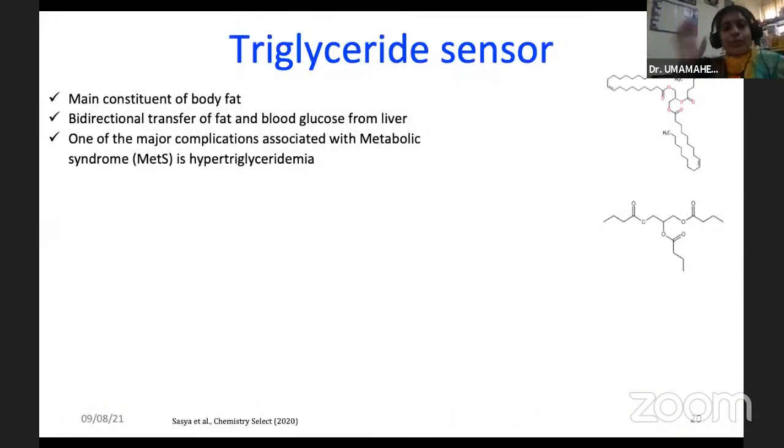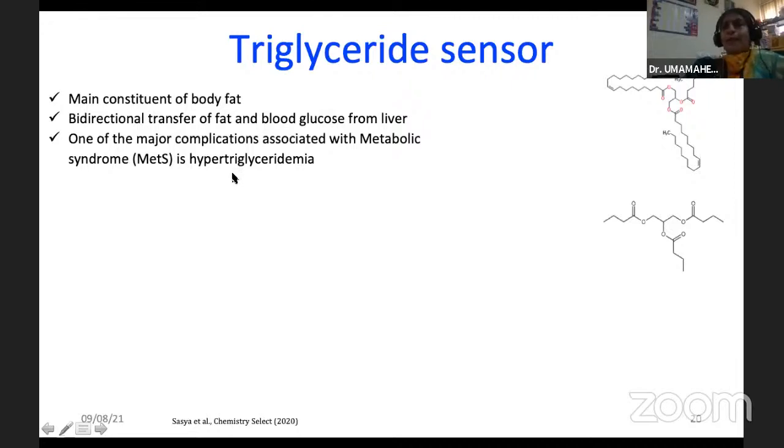Now, part two of our metabolic syndrome markers was done by the same student. She worked on triglycerides. Triglycerides are a main constituent of our body fat, and they are, I could say, less monitored than cholesterol.